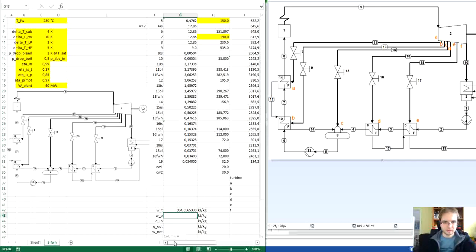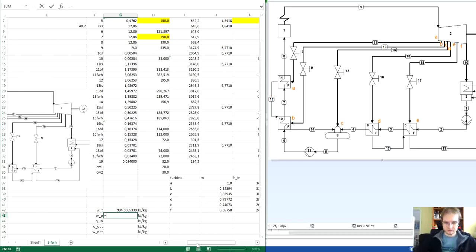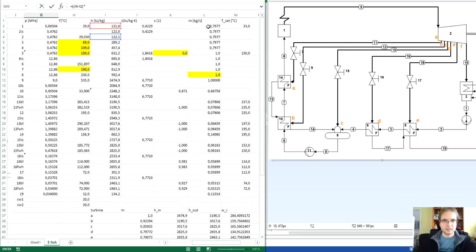Then for the pump, we have two pumps in the system. So the first pump operates between point 2 and 1, so its difference in enthalpy H2 minus H1, but multiplied by mass flow rate that we have in this stream, which is here approximately 0.08. And we have second pump, this was condensate pump, and we have feedwater pump between 6 and 5.